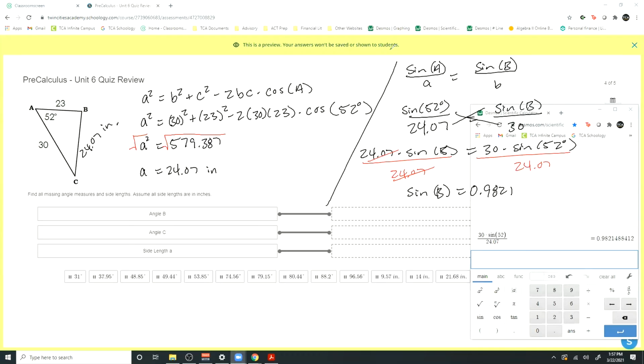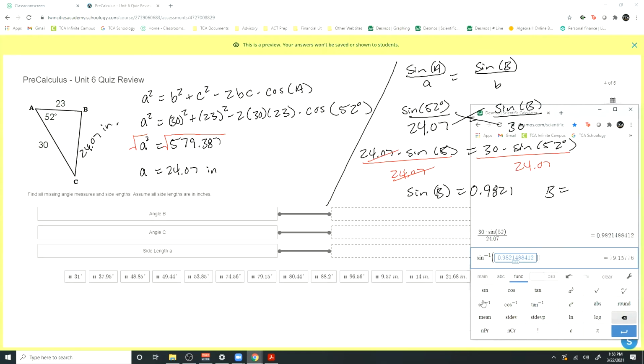And then take the sine inverse to find what b is. Sine inverse ANS. This is about 79.15 degrees.